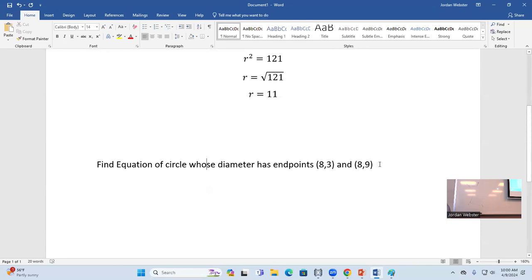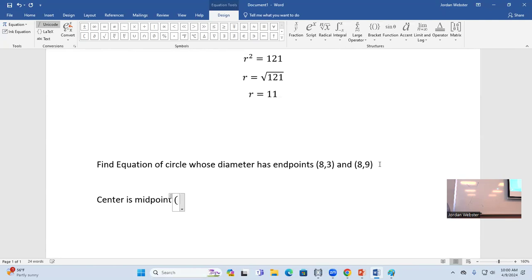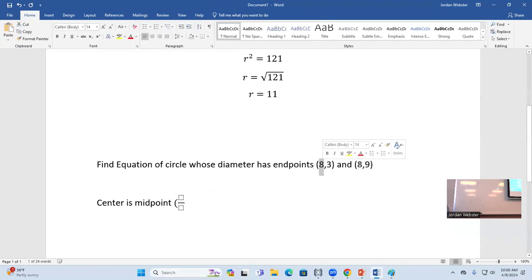Okay. So center is the midpoint. By the way, to find the middle by hand, for the x value, I just take halfway between the two x values. 8 plus 8 over 2 is just 8.